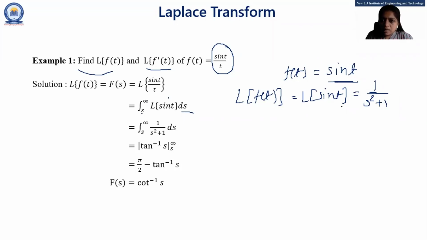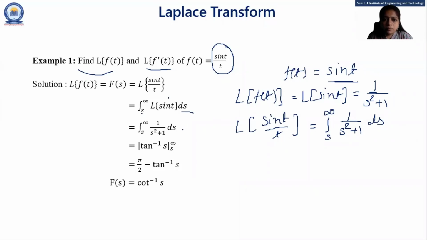So this is Laplace of sin t, but we want to find the Laplace of sin t upon t, and that is integration from s to infinity of 1 upon s square plus 1 into ds.